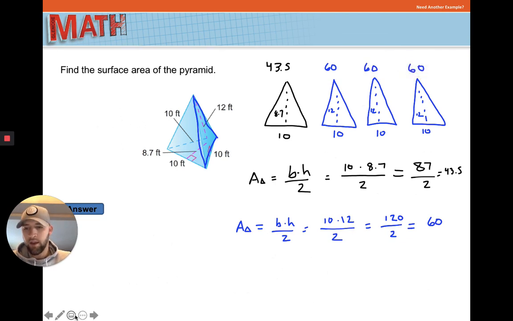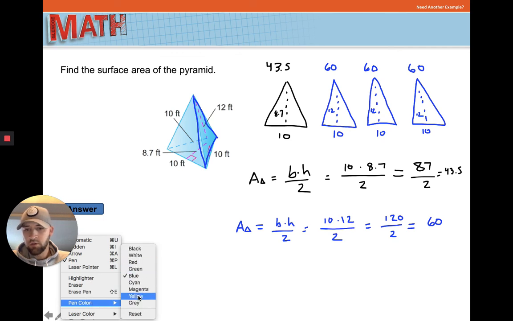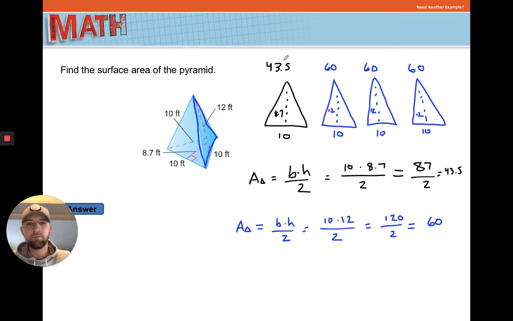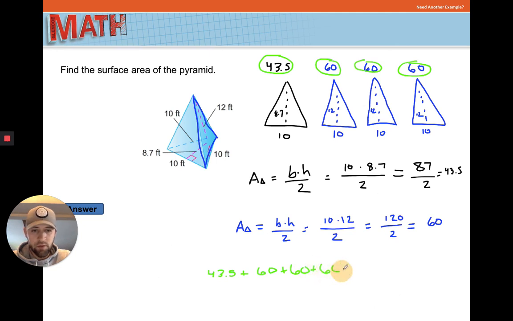Okay, and to solve, we'll go ahead and use green. That's what I was looking for. Let's add up all these to get my area. 43.5 plus 60 plus 60 plus 60.